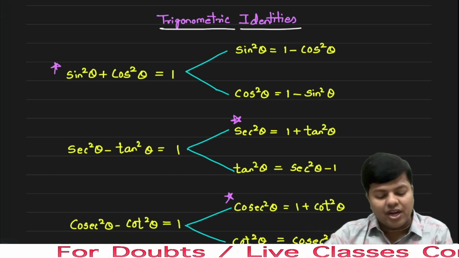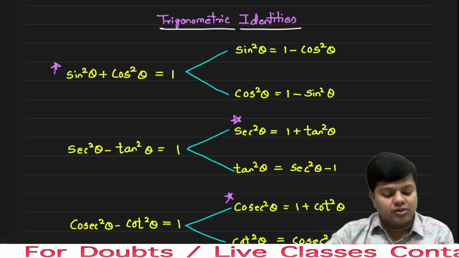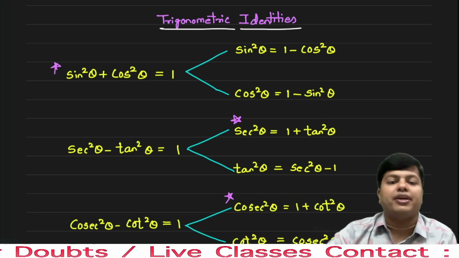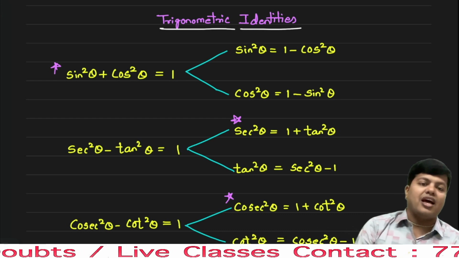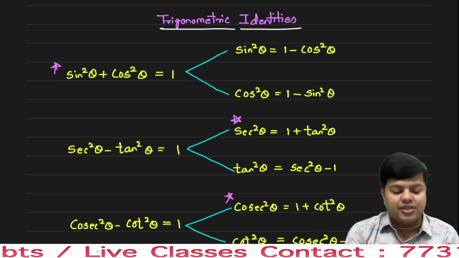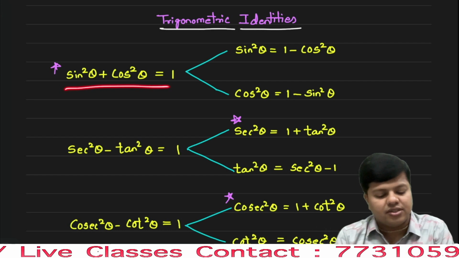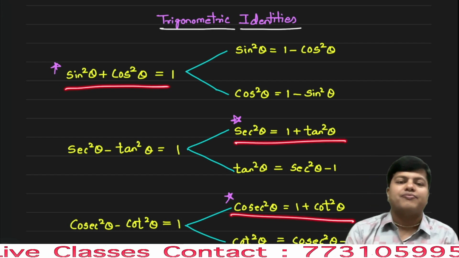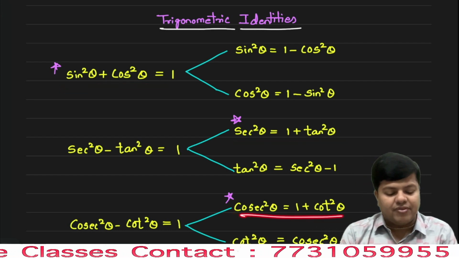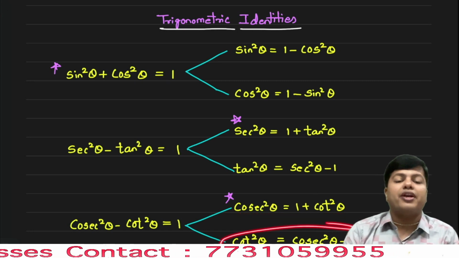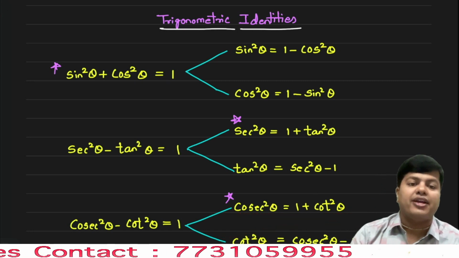And if you want only cot square theta, students, the 1 comes to the left hand side, and it becomes cosecant square theta minus 1. There are only 3 identities: this is 1, this is 2, this is 3. But from these we can derive more. When we want cot square theta, we can derive cot square theta is equal to cosecant square theta minus 1.